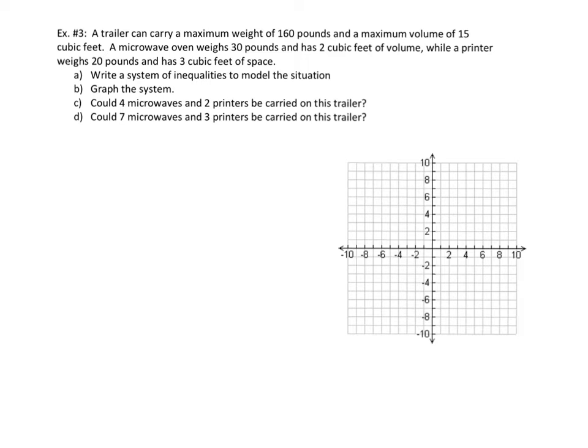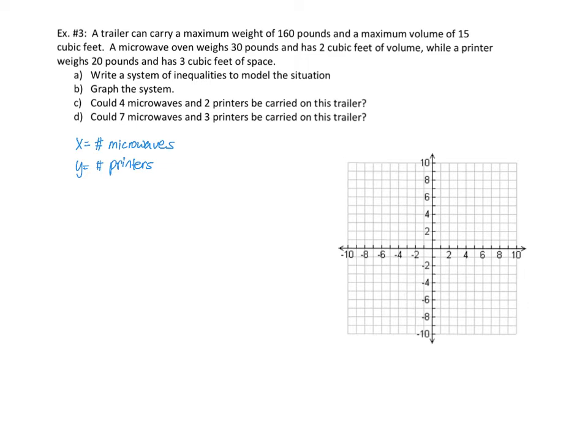So let's let x represent the number of microwaves that we have, and y be the number of printers. So we can write one inequality that has to do with weight and one that has to do with volume.